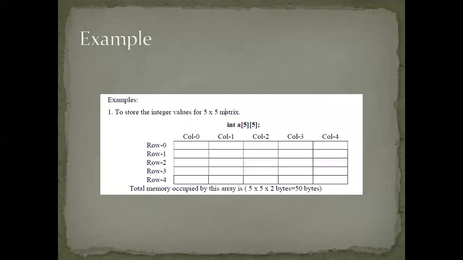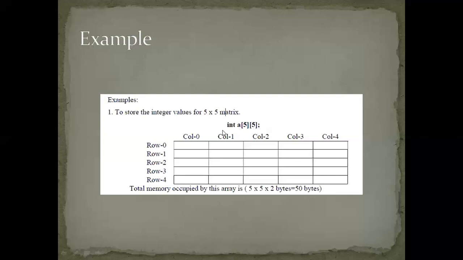So I was talking about the example of declaration of a two-dimensional array. Here, to store integer values for a 5 into 5 matrix, we can declare it with the two-dimensional array int a[5][5]. Here int is the data type, a is the array name, 5 is the row size, and this 5 is the column size.